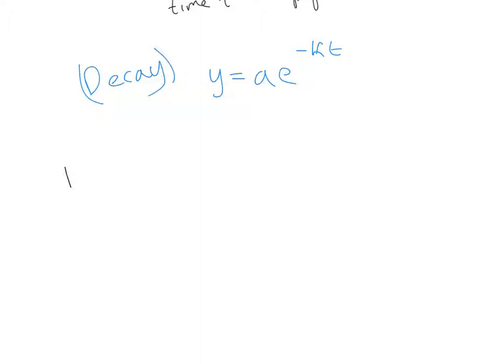Number 1 says, in carbon dating, use the formula y equals a times e to the negative 0.0012t, where a is the initial amount of carbon-14, t is the number of years ago the animal lived, and y is the remaining amount after t years.